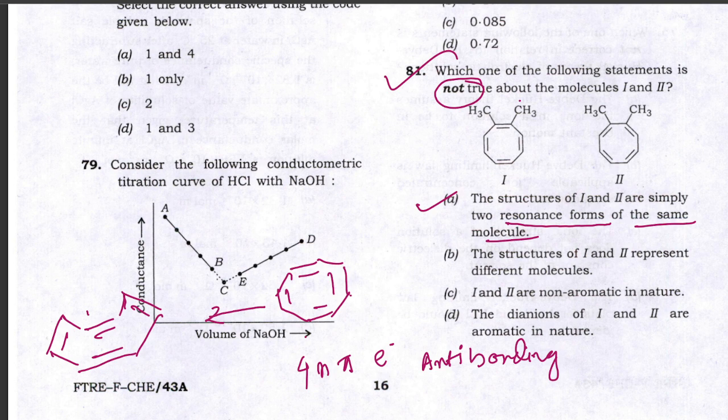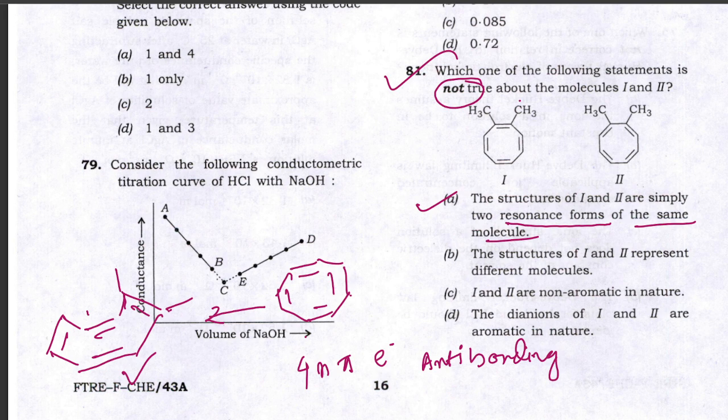Now let's see the other options also. Structures 1 and 2 represent different molecules. Definitely they are different molecules. In this tub shape, if you put the substitution on a single double bond, that is structure 1.